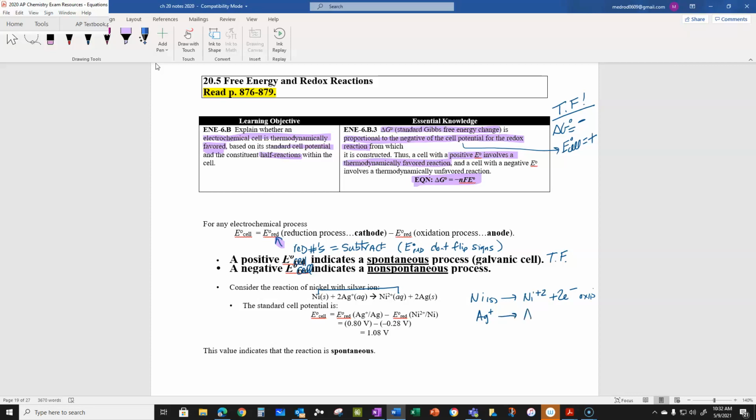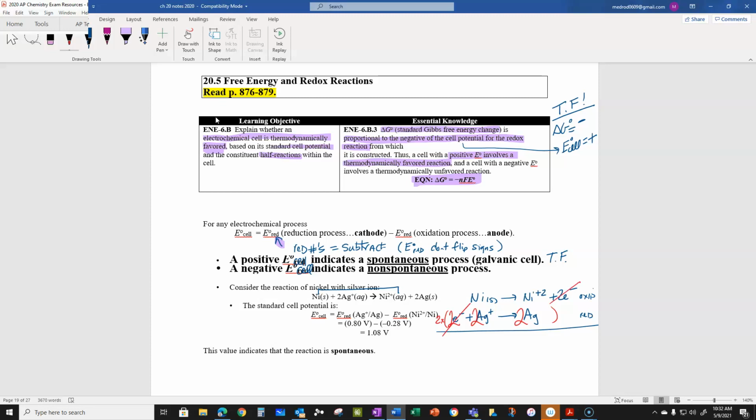Those coefficients came about when they balanced the equation. So these are my 2 half reactions, and this is where reduction occurred. When I bring these 2 equations together, I need these to say 2 electrons. So if I multiply everything by 2, then that becomes my 2 electrons, my 2 silver ions, my 2 silver solids. And that's how I cancel them out.